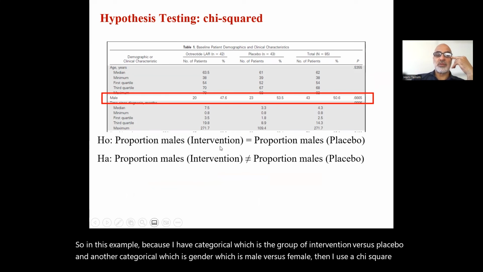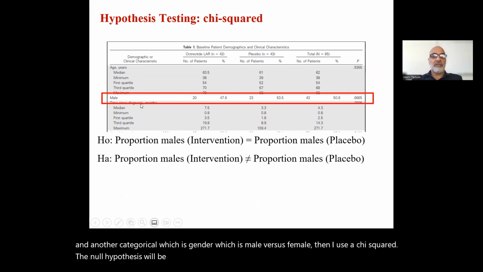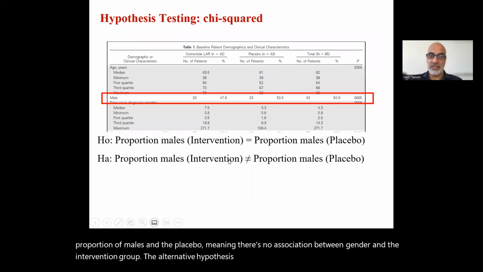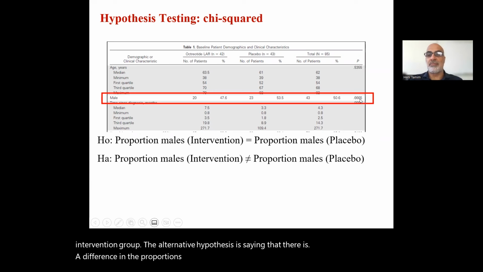The null hypothesis is that the proportion of males in the intervention group is equal to the proportion of males in the placebo, meaning there is no association between gender and the intervention group. The alternative hypothesis is that there is a difference in the proportions, and I calculate a p-value.